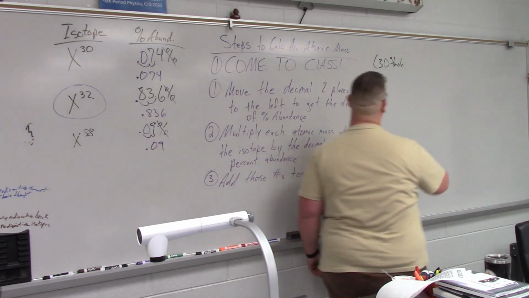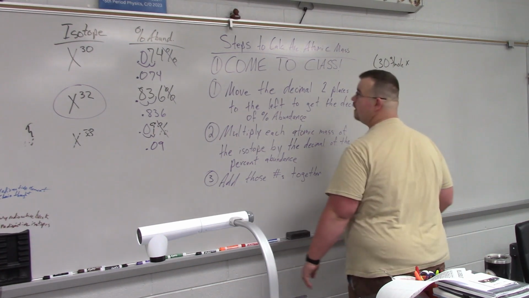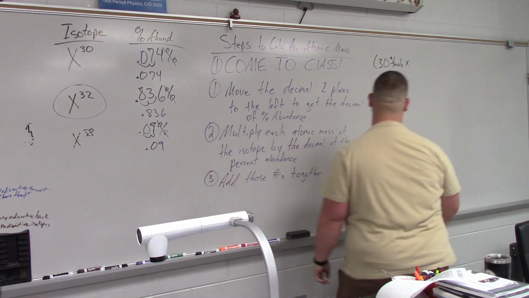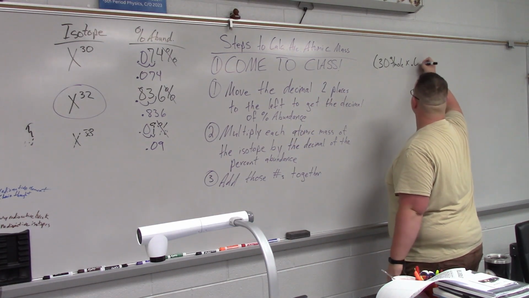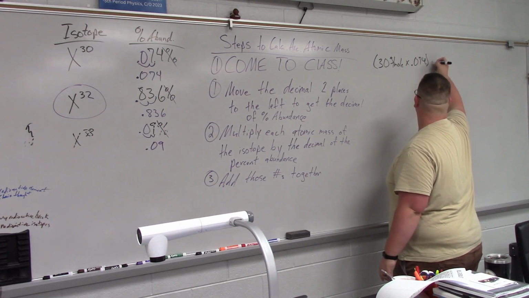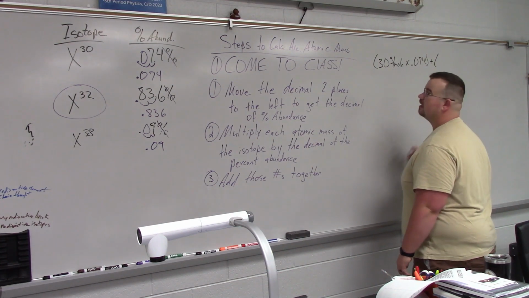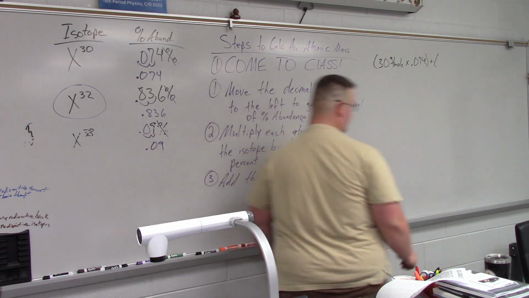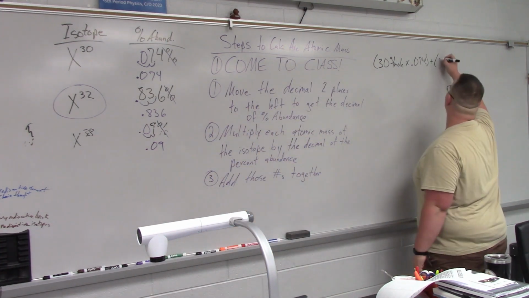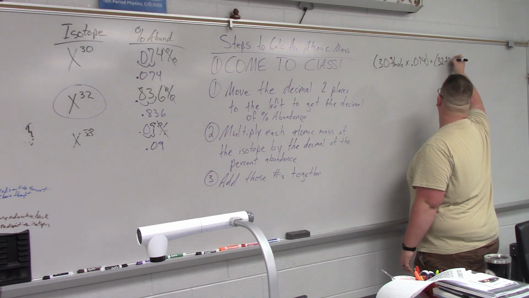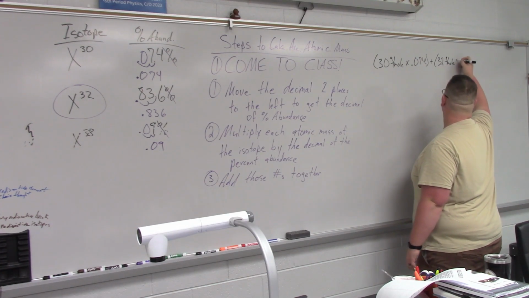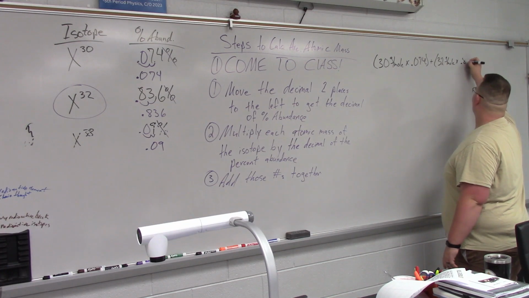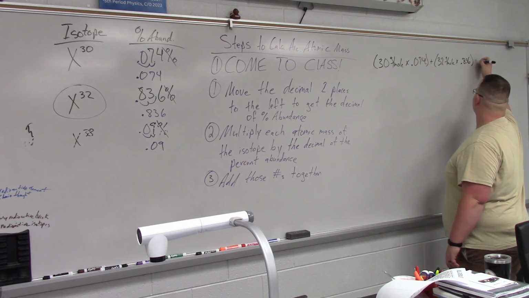Multiply that by the decimal of the percent abundance. Remember, the decimal of the percent abundance. So 0.074. We're going to add to that the next one. Atomic mass is 32 grams per mole, times the decimal percent abundance, 0.836.